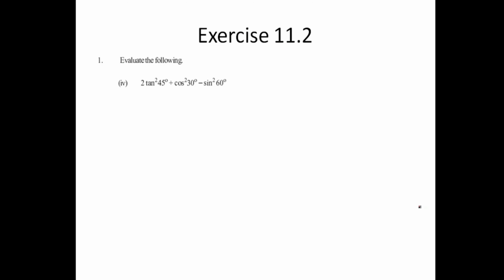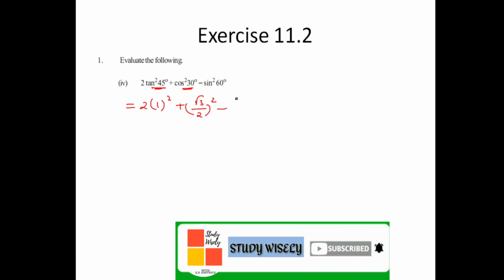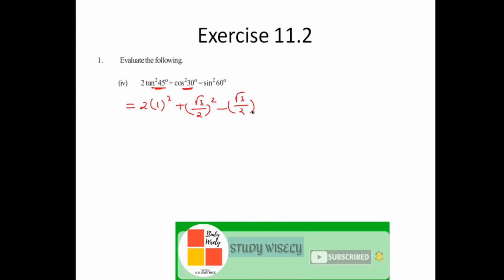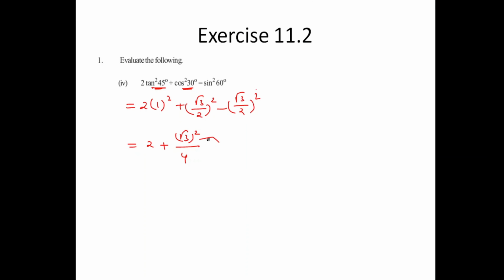Let's look at the second one. Here, what is the value of this one? This can be written as 2 into 1 whole square, whereas the value of cos square 30 is root 3 by 2 whole square, minus the value of sine 60, which is root 3 by 2 whole square. Substituting now, this becomes 2 into 1, that is your 2, plus root 3 whole square by 4, minus root 3 whole square by 4.